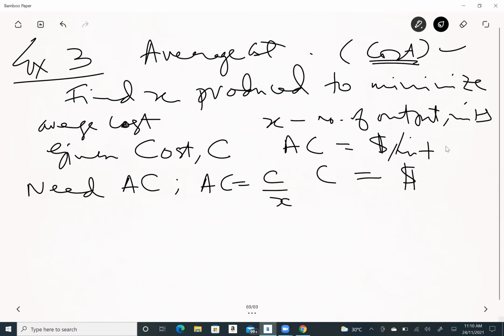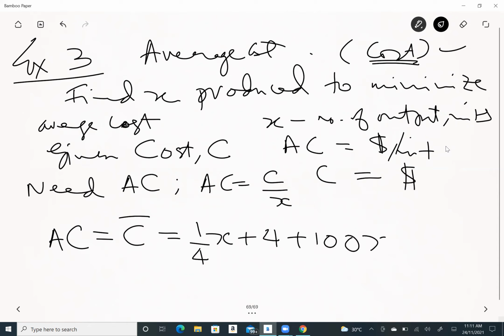Therefore, your average cost, in the book they use C bar, will be equal to, you divide by x, the final form, plus 4, plus 100x to the power of minus 1.